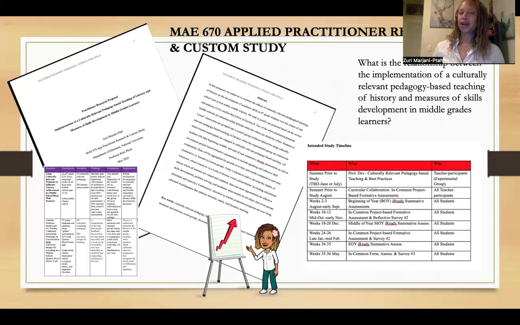I was able to do an abstract and put together all of the elements of a research study of my own, including the timeline, the participants, which would be students and teachers, as well as so many other things. The methods, the procedures, the intended outcomes, and this study really was a challenge. And at one point, I completely started over, but it was so rewarding, and I learned so much.